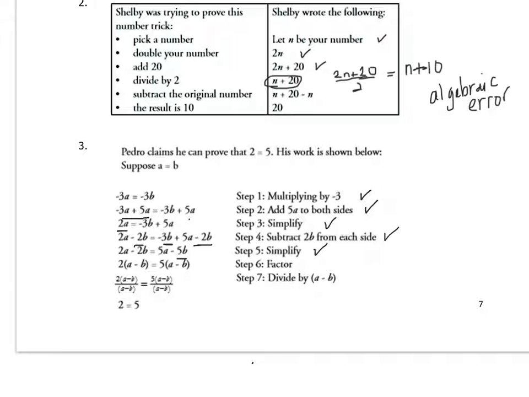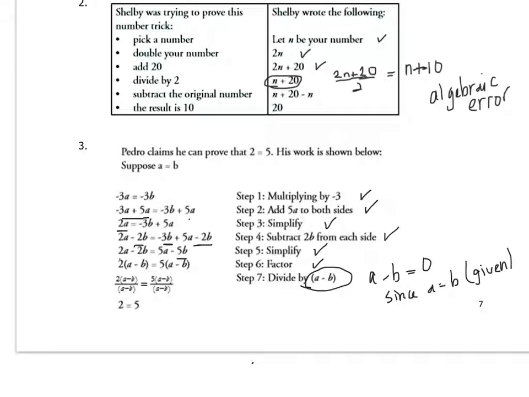Then he took the left side of the equation and factored 2 out as a GCF and got 2 times (a minus b). Similarly on the right side he factored the 5 out and got 5 times (a minus b), which is okay. But in step 7, this is where the error is, because if you divide by a minus b, that would equal 0, since a equals b was given at the beginning.